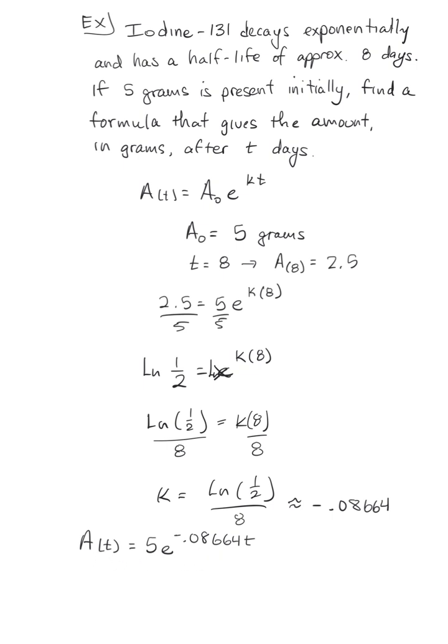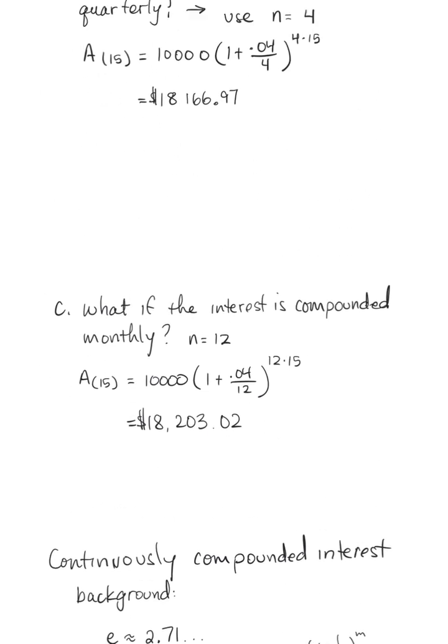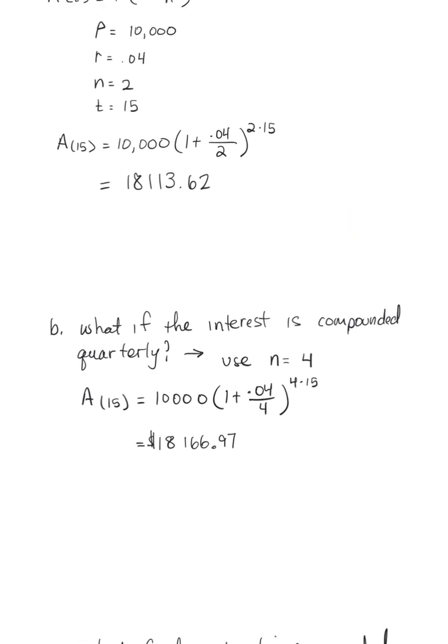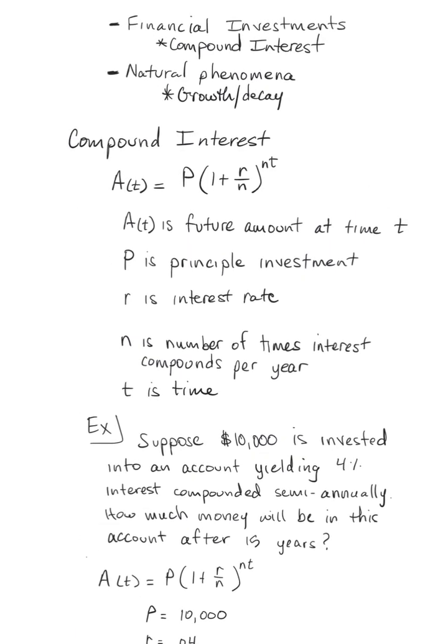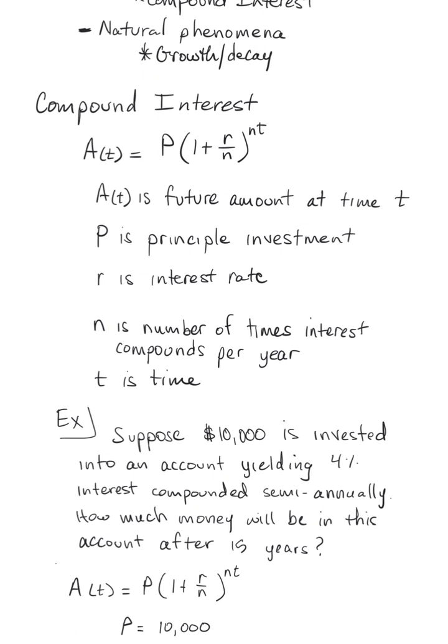So as far as your homework or test preparation goes, for this section, 4.5, you need to be familiar with exponential problems involving compound interest. So we had the compound interest formula here, in which the interest compounds at regular intervals per year n.